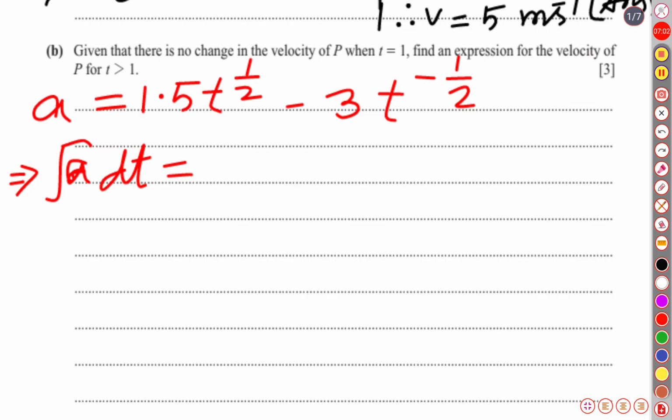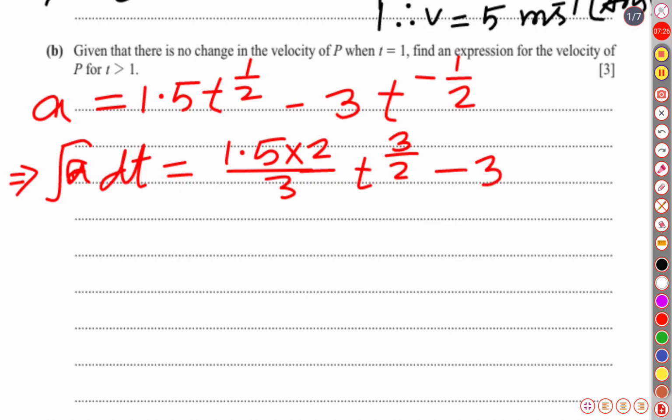If we add 1 to half, the exponent is 3 over 2, so we'll have to multiply by 2 over 3. Then the exponent of t is 3 over 2, minus 3. Then here it is negative half. For negative half, if we add 1 to this, it is going to be half.